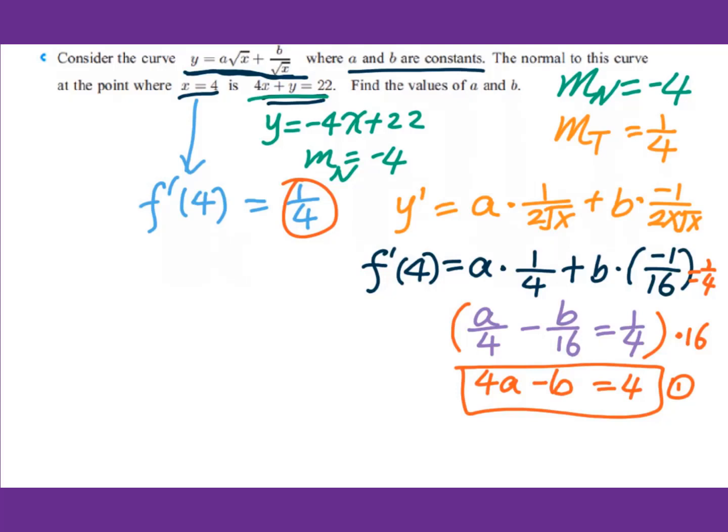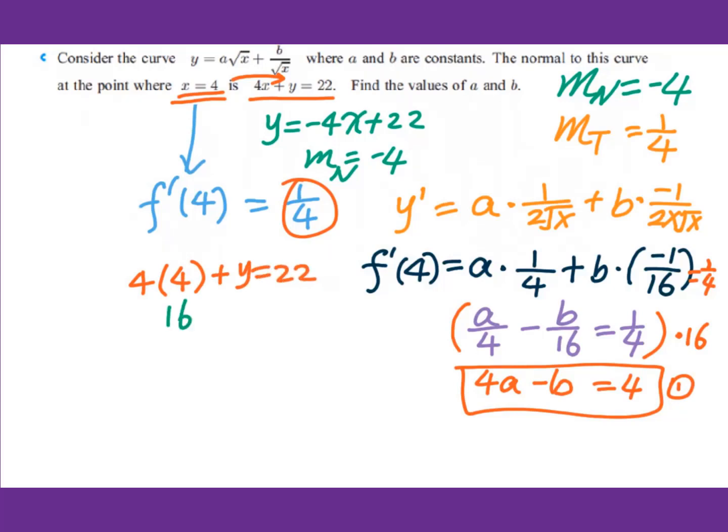Then you will get the second equation by doing this. When x equals 4, we plug in here. You will get 4 times 4 plus y equals 22. 16 plus y equals 22, which means y equals 22 minus 16, that's 6. In other words, we have 4, 6. This point is on the curve here.